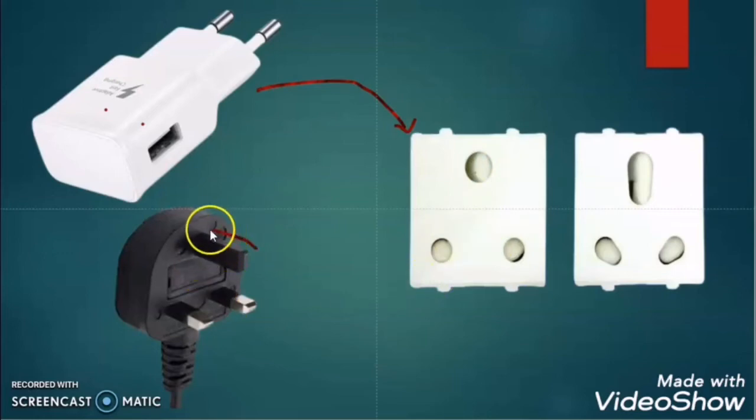So what did the manufacturer do? They provided a dummy earthing pin just to open the slots of the 3-pin sockets. The use of this earthing pin is just to open the shutter of 3-pin sockets. This is quite funny, but this is the reason.